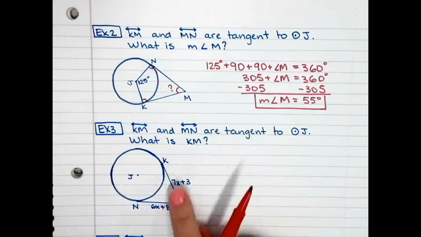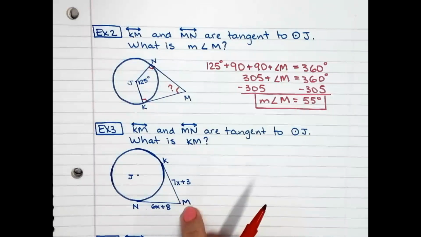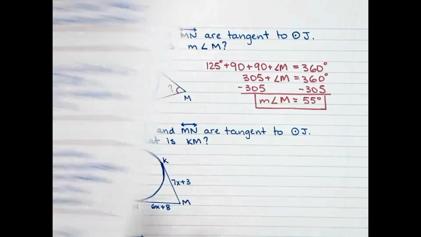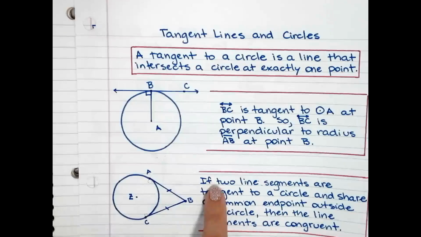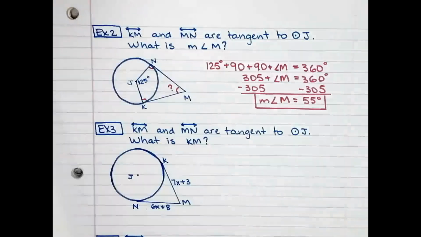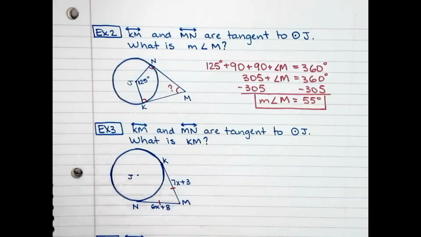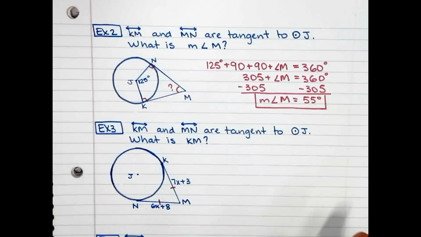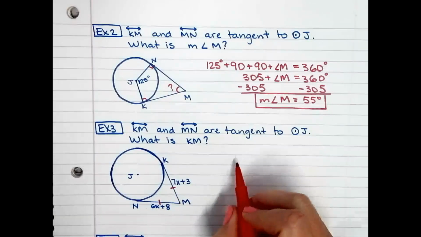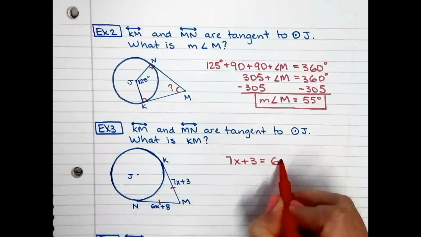They're both tangent, and look, they share a point that is outside the circle, just like our second definition. So the two line segments share a common point outside the circle, and I know by definition that this line segment is congruent to that line segment. Voila, easy. So now I just set them equal to one another because they're congruent.